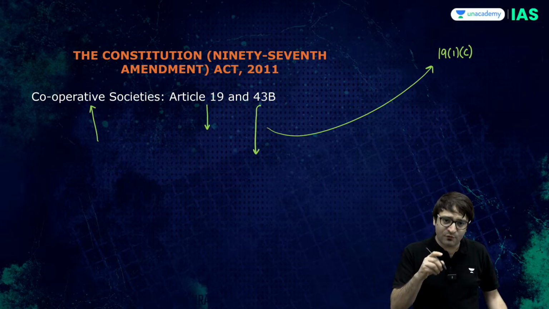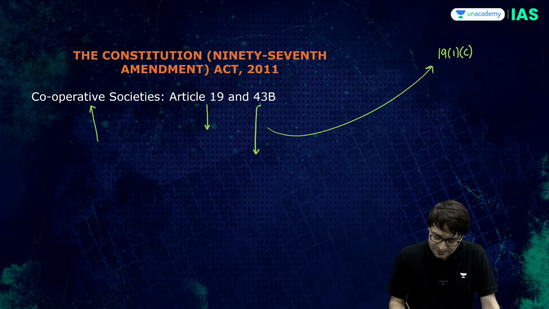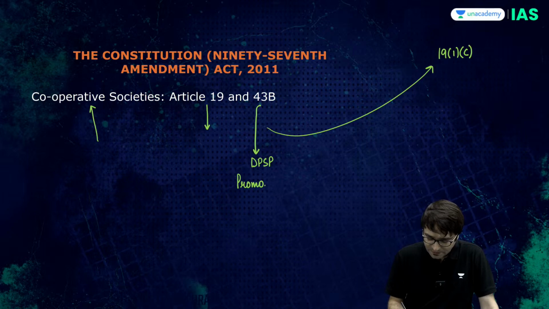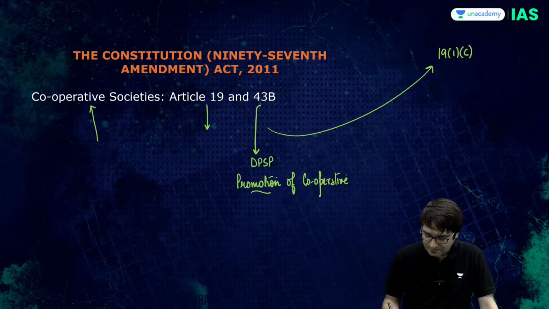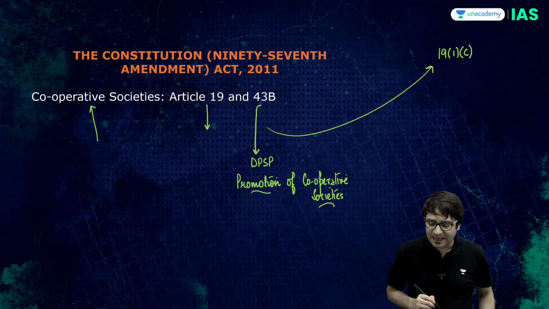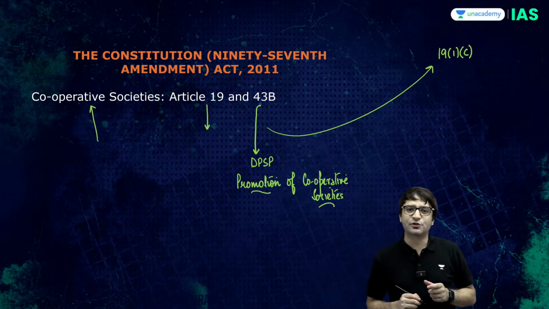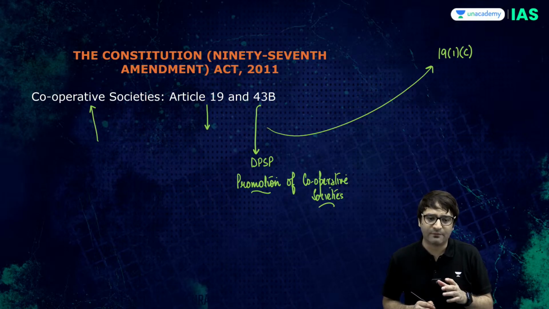Article 43B was also added, under the Directive Principles of State Policy, which talks about the promotion of cooperative societies. That was done by the 97th Constitutional Amendment Act 2011.